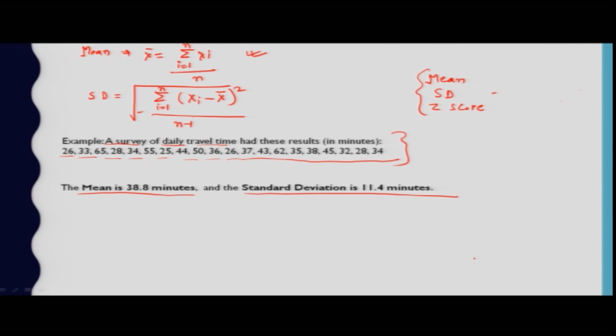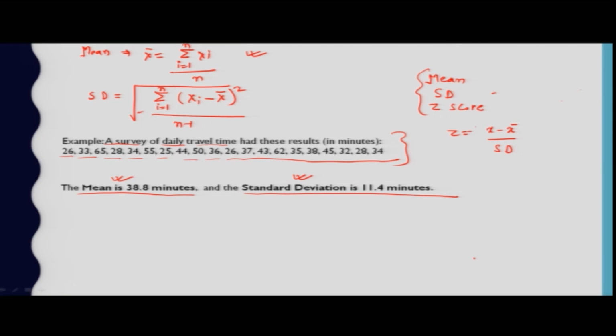So, with the help of these two formulas we can calculate the mean and standard deviation. Now, we have another formula to calculate the z score that we have learned: the z score is calculated as x minus x bar upon standard deviation.